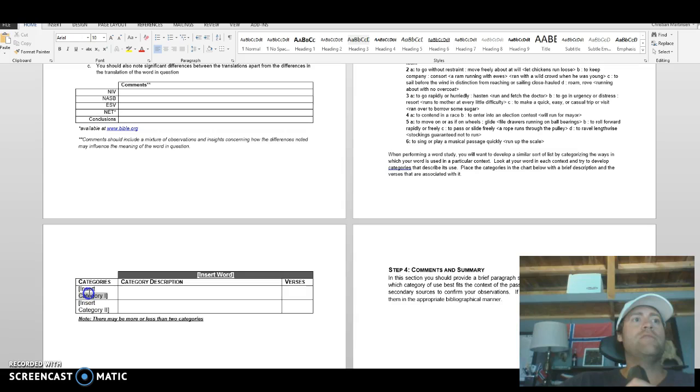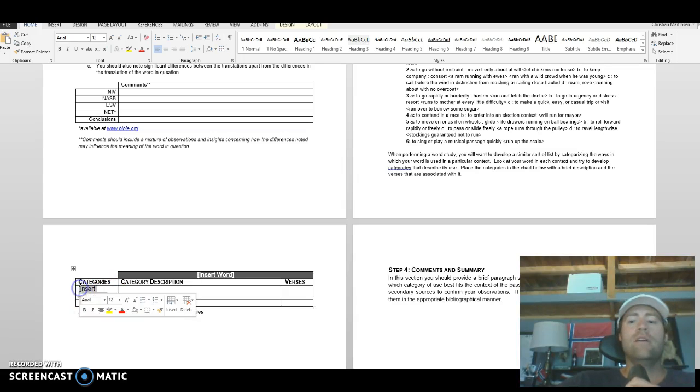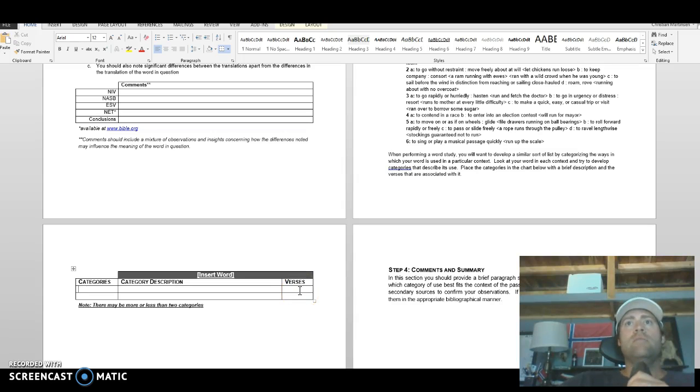So you're going to want to fill in the different categories, just describing how the word is used. Then a category description, what that means, and then what verses you're referring to. So you're basically making a list here with a category, a description, and the verses they're used in.